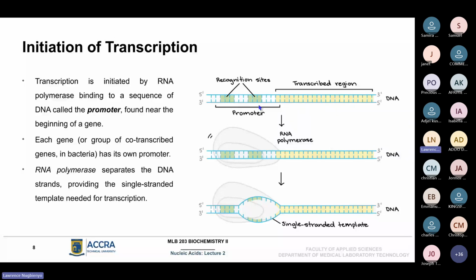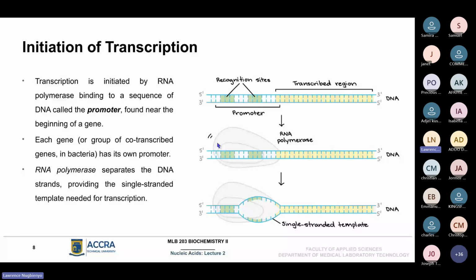Then there is the portion which is the gene, the code itself that should be copied and then be translated into the protein. That is being referred to as the transcribed region. So to this promoter region, you now see that you have the enzyme RNA polymerase binding onto it. So the RNA polymerase binds onto the DNA molecule.